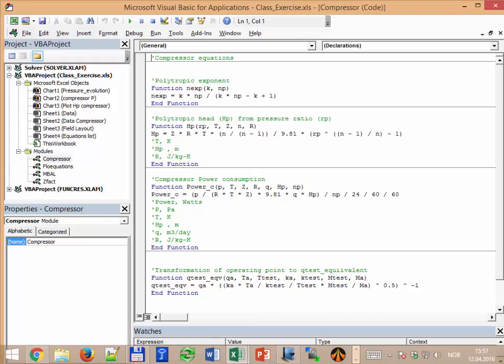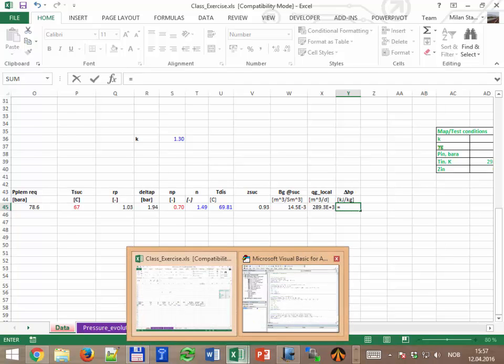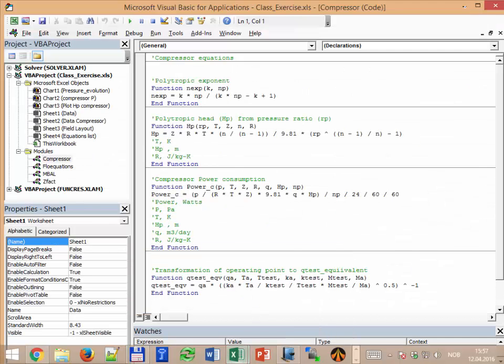It needs pressure ratio, it needs temperature at the inlet, okay? It needs set, that was supposed to be average, but we are going to use just the inlet. N, we have already calculated, and R, which is the universal constant divided by the molecular weight of the substance. Okay, so let's see if that makes sense. What was the name? HP.